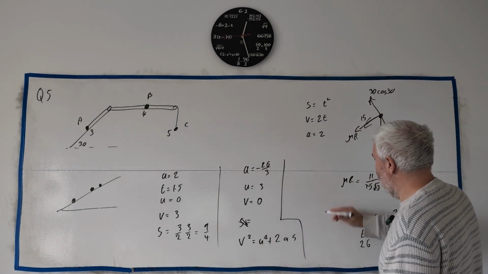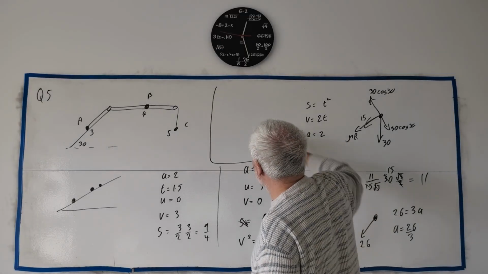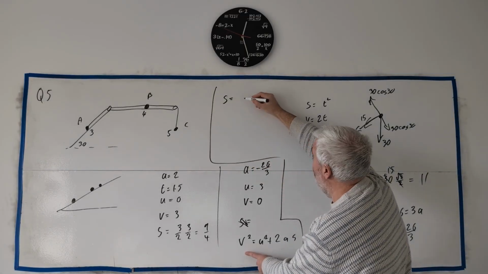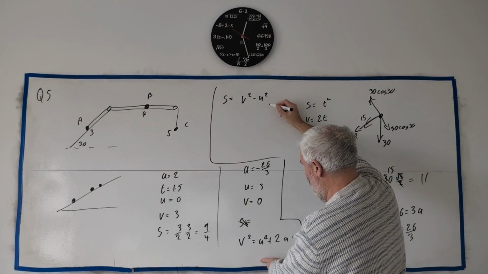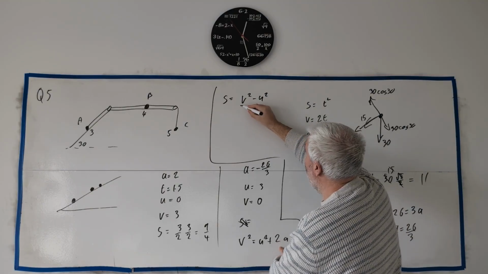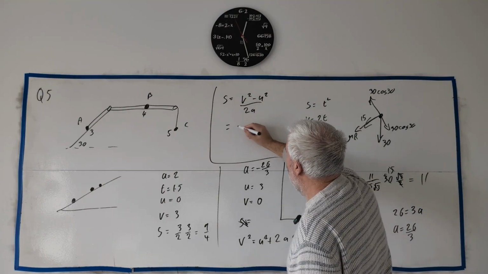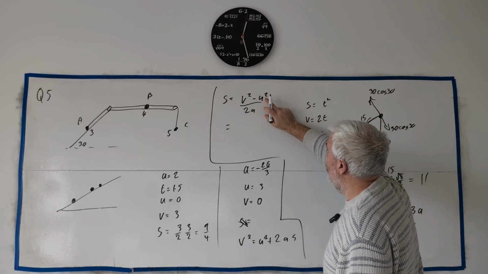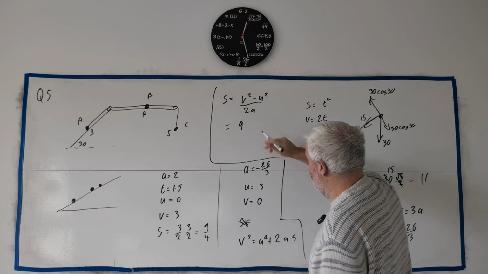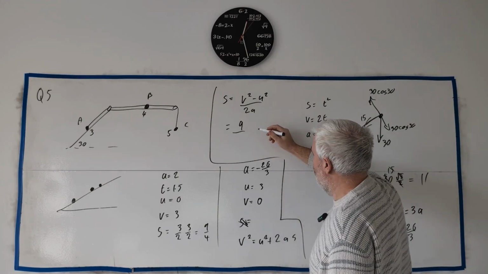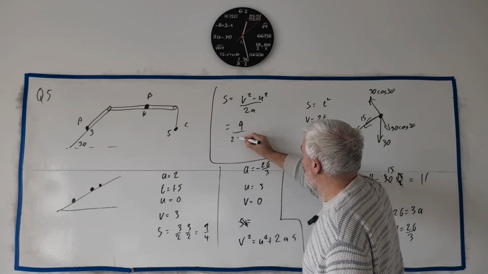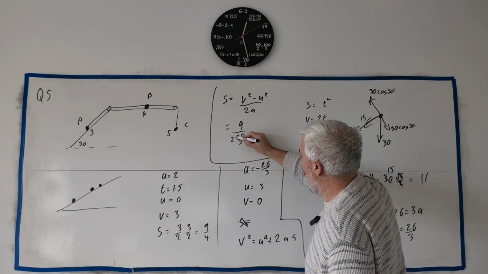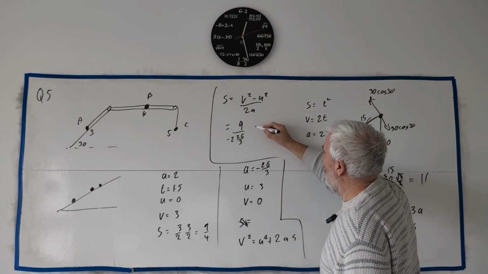So if we rearrange this, S must equal V squared minus U squared, divided by 2A. And that's 0 take away 9. So 3 squared is 9 on top, divided by 2 times 26 over 3, or that's a minus there somewhere.